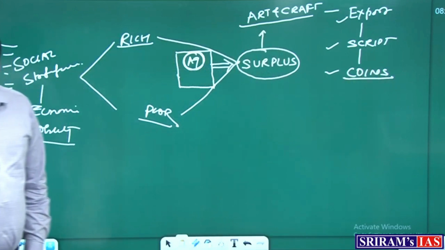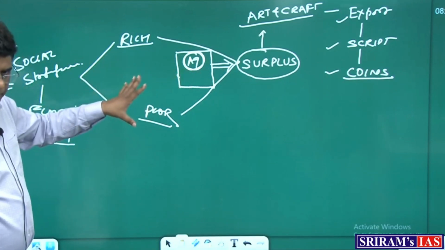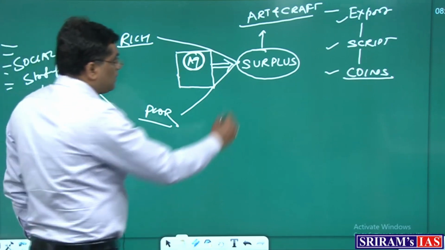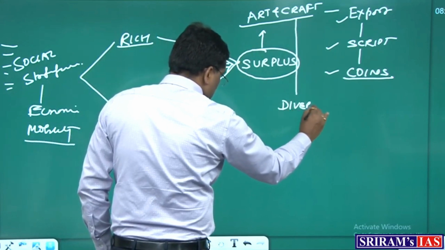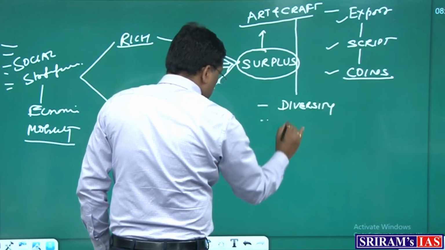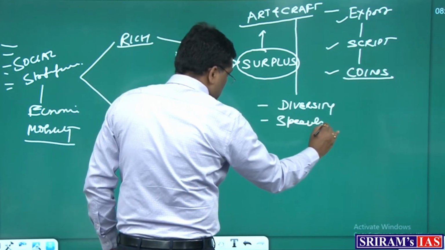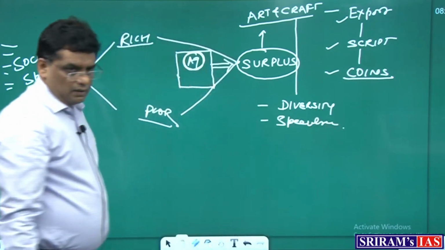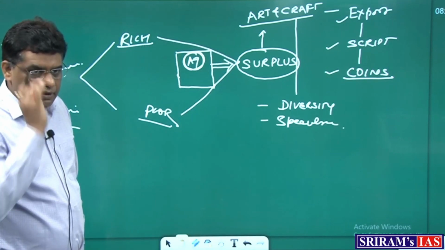Fine. So surplus generated, and so many things happened, right? There will be craft diversity and craft specialization, right? Common consumption, export variety, this variety, that variety.